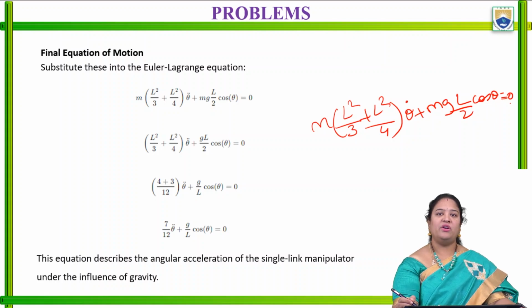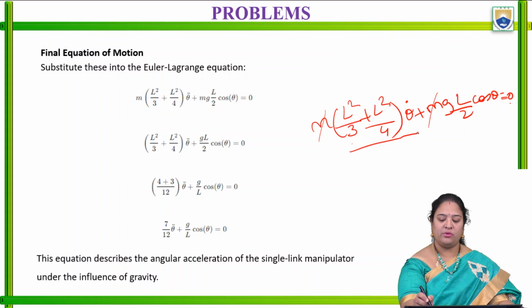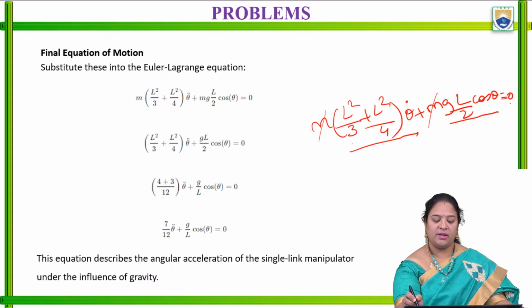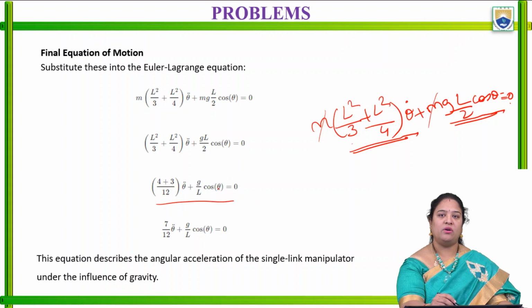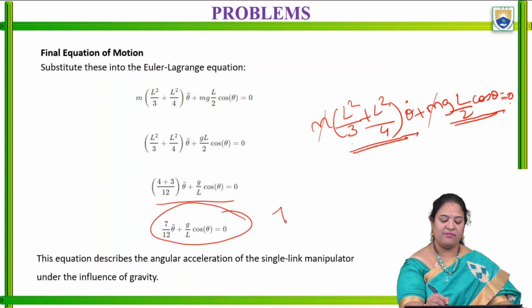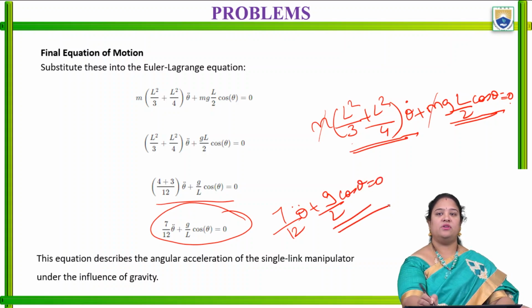Here we take m common and cancel it, leaving (L²/3 plus L²/4) θ̈ plus gL/2 cos θ equals 0. Considering these two equations, (4 plus 3)/12 θ̈ plus g L cos θ equals 0, which we write as 7/12 θ̈ plus g/L cos θ equals 0.